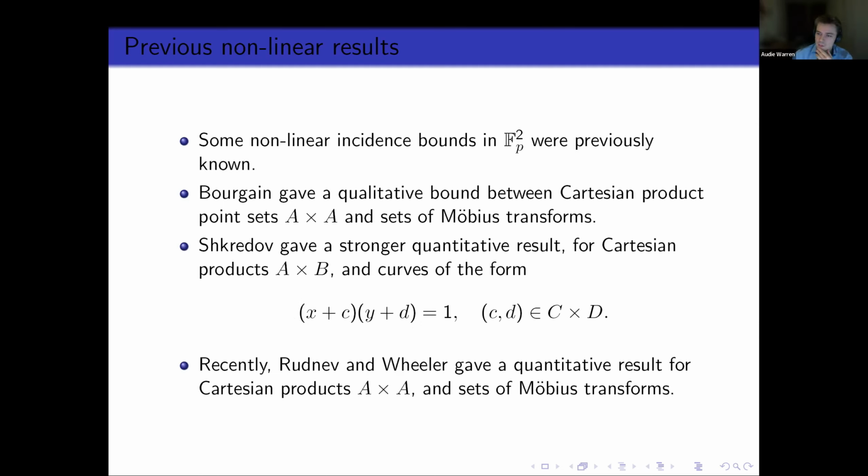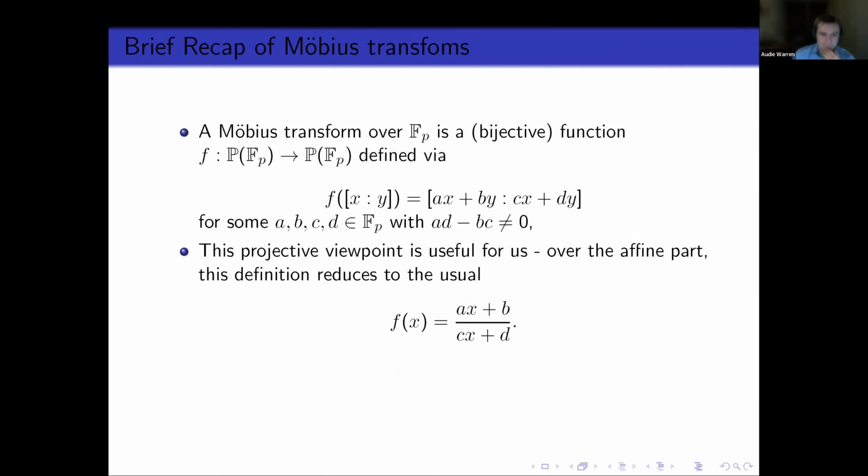And this is interesting because it means that the three non-linear results that we have are all talking about the same family of curves, i.e. possibly subsets of the Möbius transformations. This was interesting because you kind of ask, well, why is that? So let's have a brief recap on what Möbius transformations are.